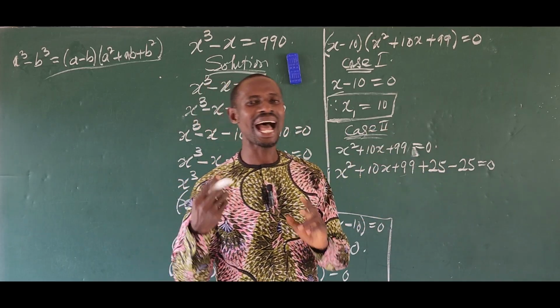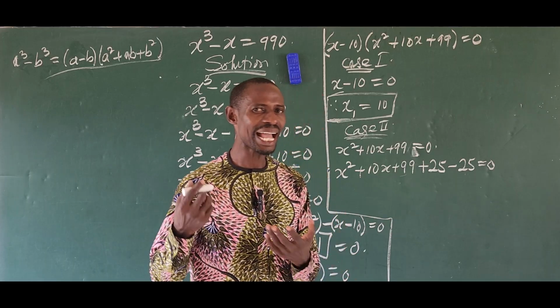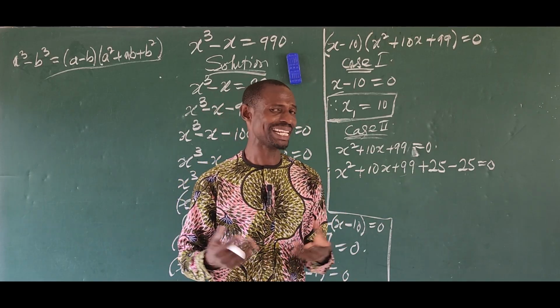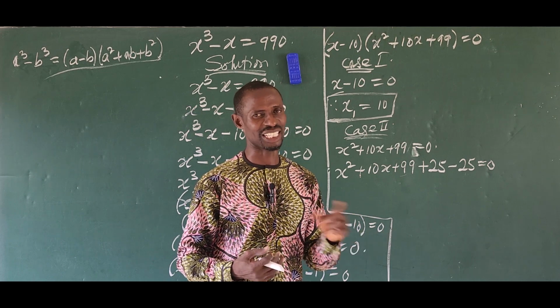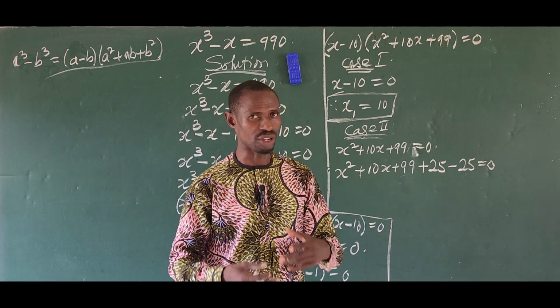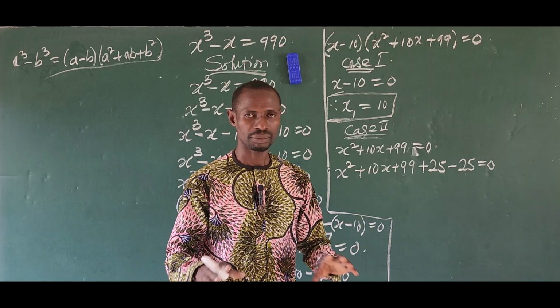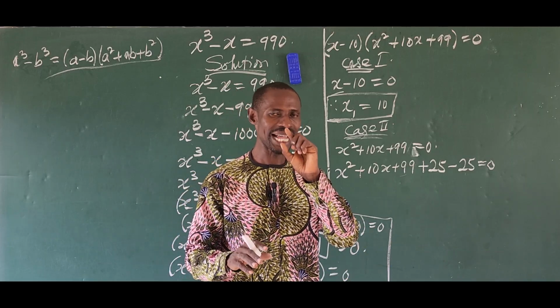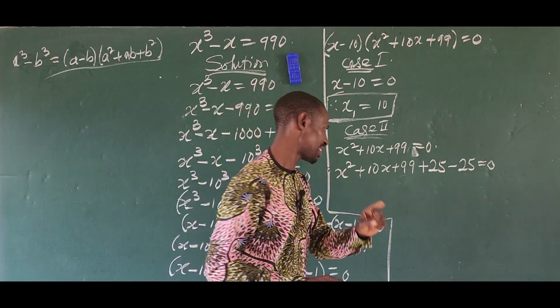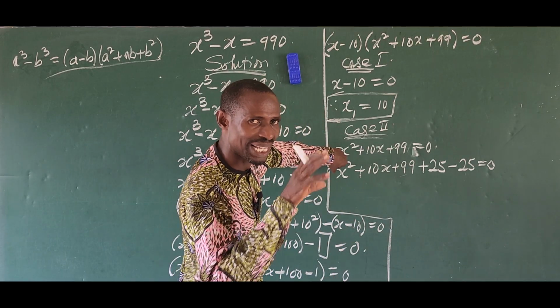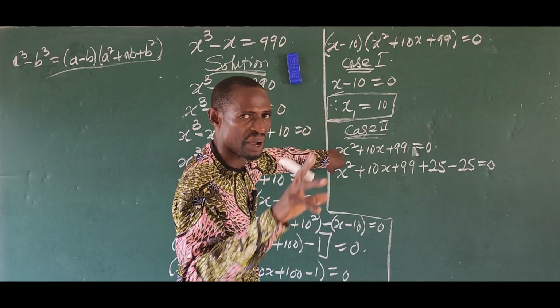Now the question you might ask is this. Why am I choosing 25? Because 25 is a perfect square. And again, you may ask, why 25 as a perfect square and not 4 or 16 or maybe 81 or 100? It is easy. The reason why I decided to pick 25 is because here is to the power of 2, and so that justifies the action of picking a perfect square.